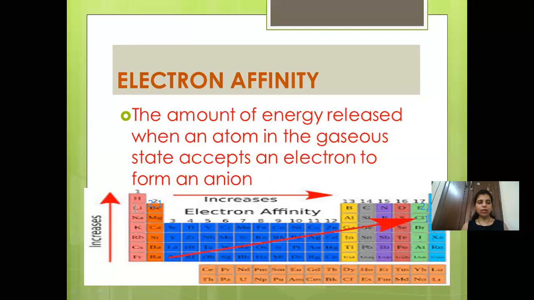Okay, now let us see down the group. Suppose if I am again going to consider alkali metals. So in case of alkali metals, if it is 2, 1 for lithium, and I'm comparing it with potassium.